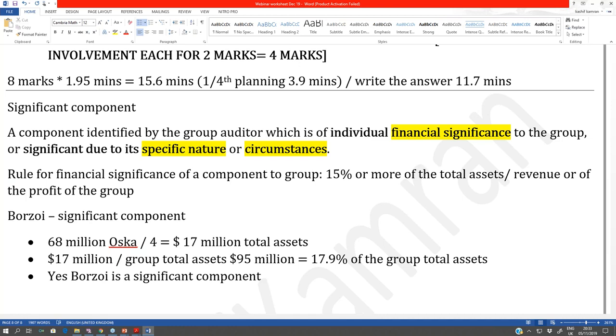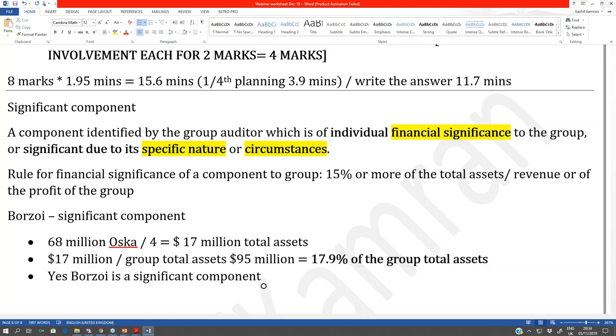So the first question the examiner was asking was, explain what is a significant component. Then the second question the examiner asked was, assess whether Borzoi is a significant component. And no doubt Borzoi is a significant component. It is 17.9% of the group total assets, and hence Borzoi is a significant component for the group.